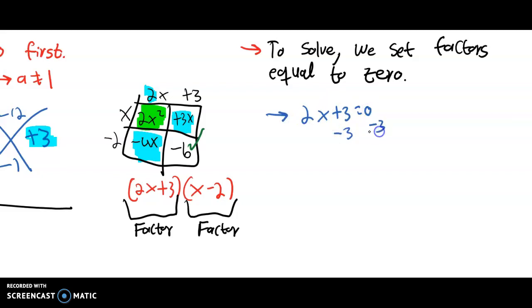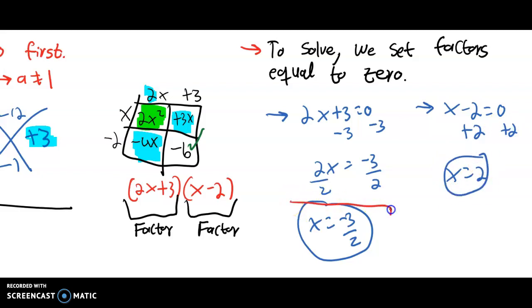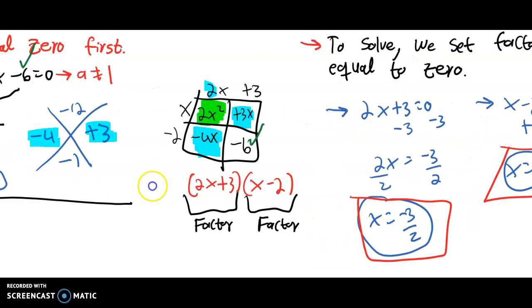Take away the 3. 2x equals negative 3. Divide the 2. X is negative 3 halves. That is one solution. Our second solution, x minus 2 equals 0. I add the 2, so x is positive 2. My two solutions are negative 3 halves and positive 2. Pause here if you need to catch up.